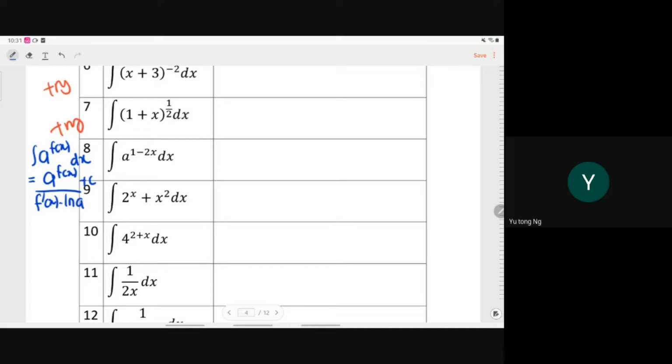We're going to use this formula for question number 8.